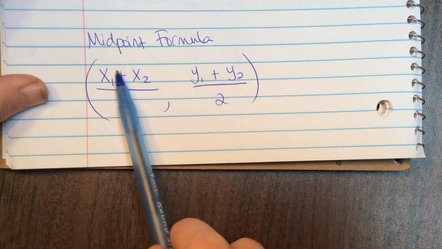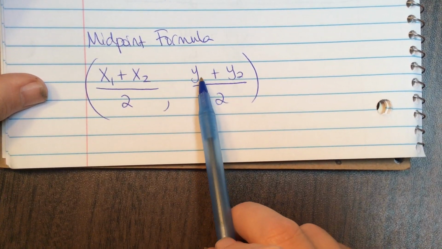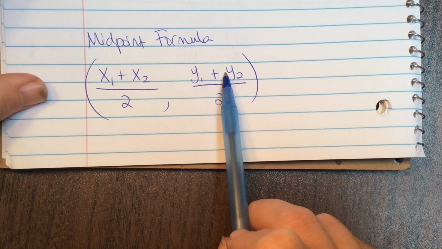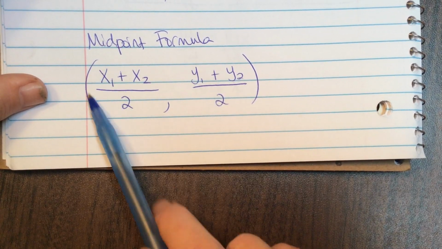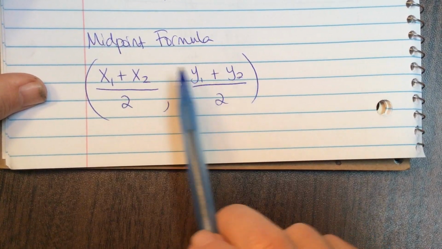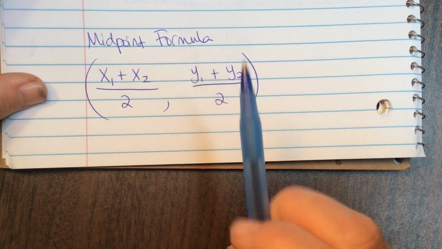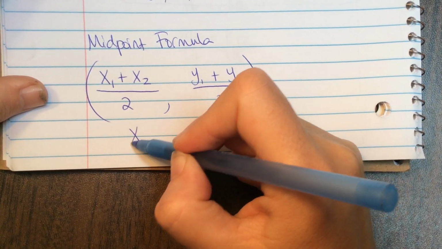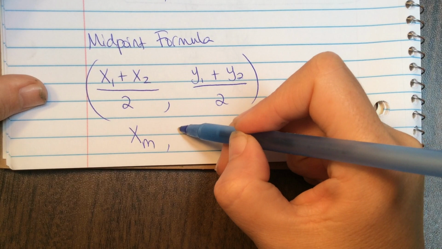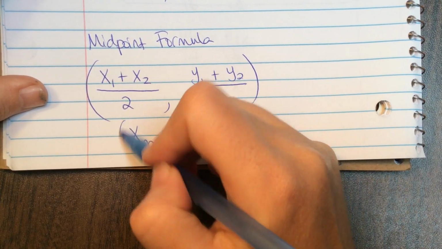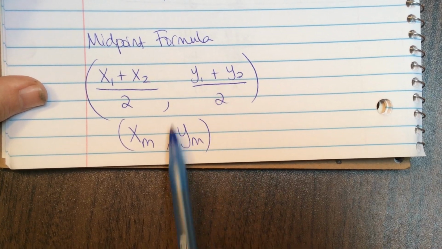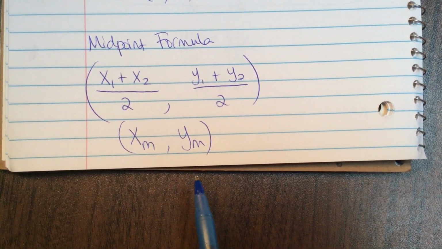And that'll be your x coordinate. Then add both of your y values together and divide by 2. And that'll be your y coordinate. And then you keep them in the coordinate points, like x, y. And that equals your x midpoint and your y midpoint. So this is all together.